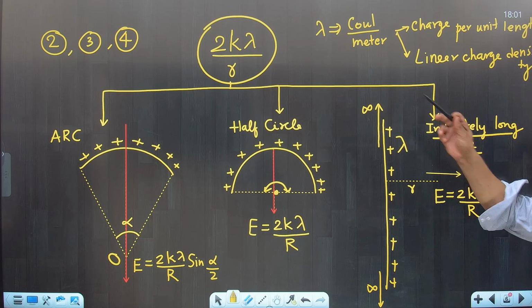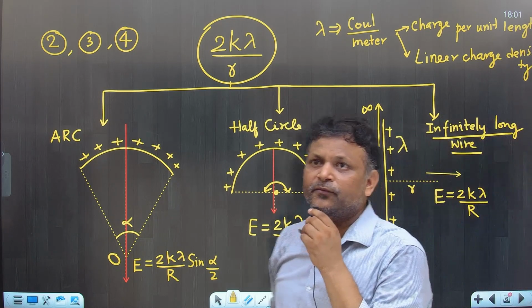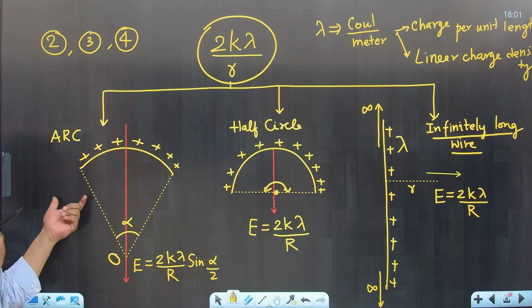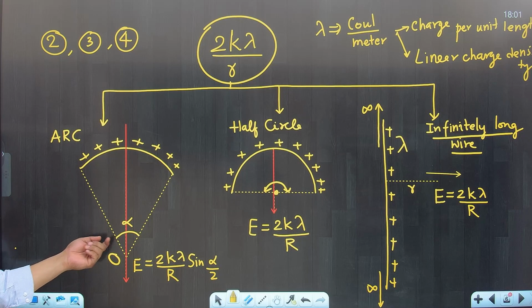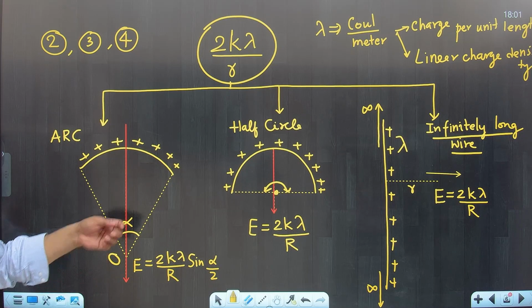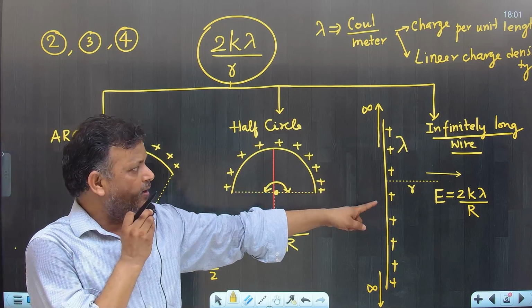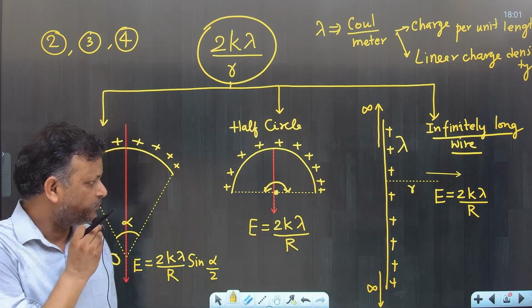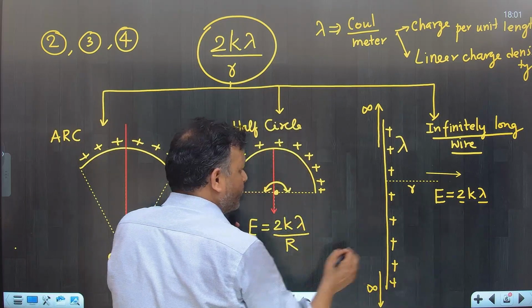So this term 2k lambda by r is very important. It comes at three places. First, the electric field due to an arc at its center making an angle alpha at the center. Then for a half circle it is 2k lambda by r, and due to an infinitely long wire it is also 2k lambda by r. So they have the same value, the same formula.